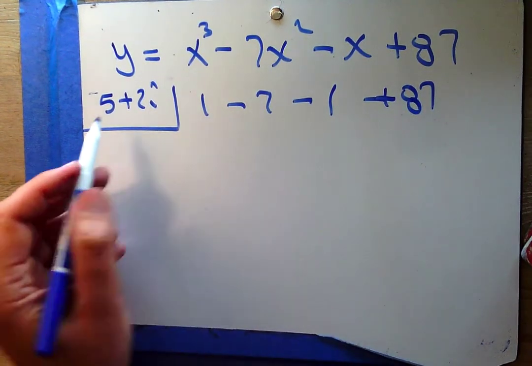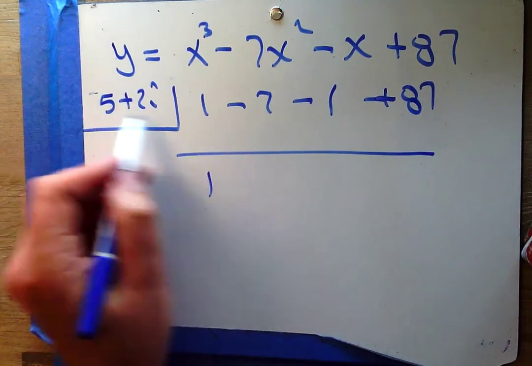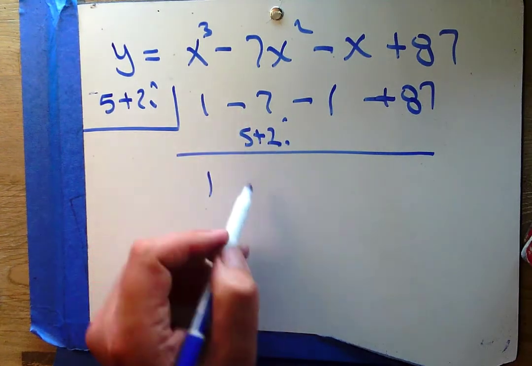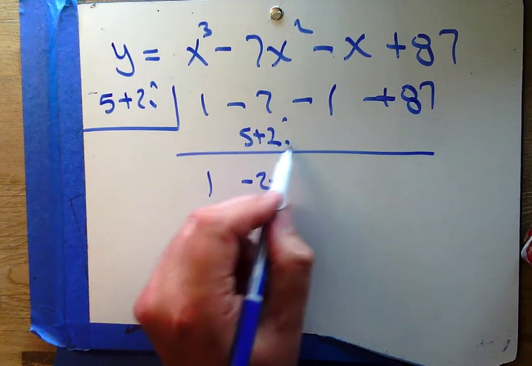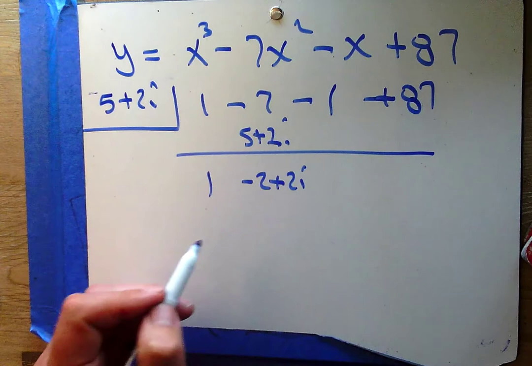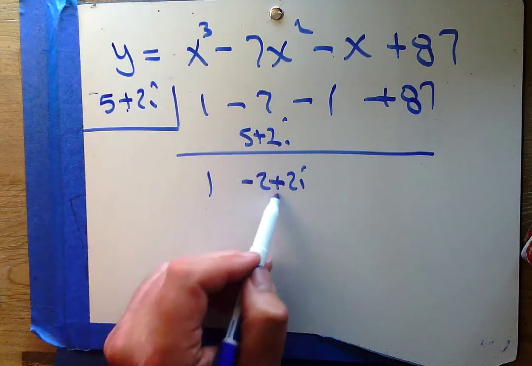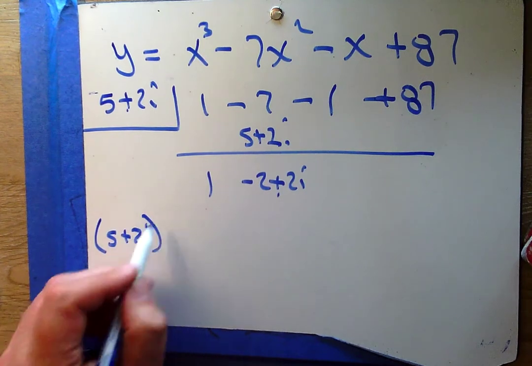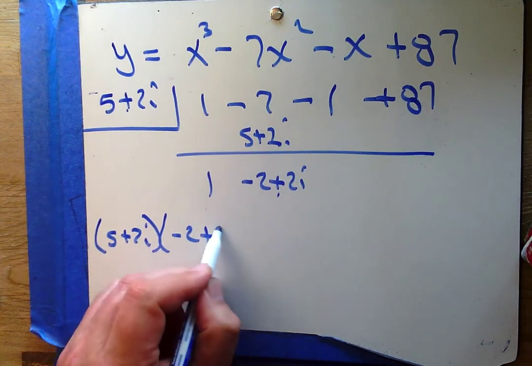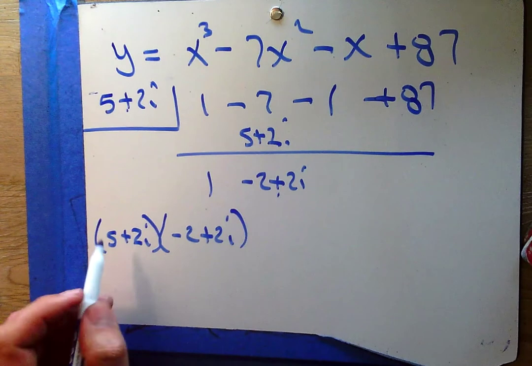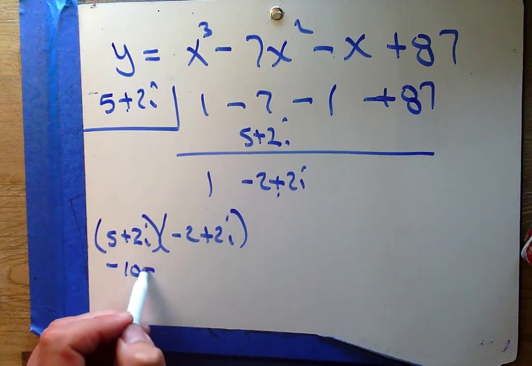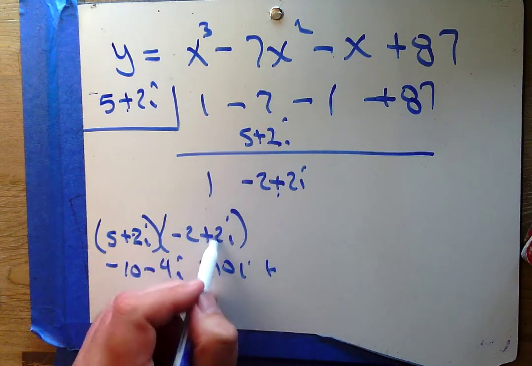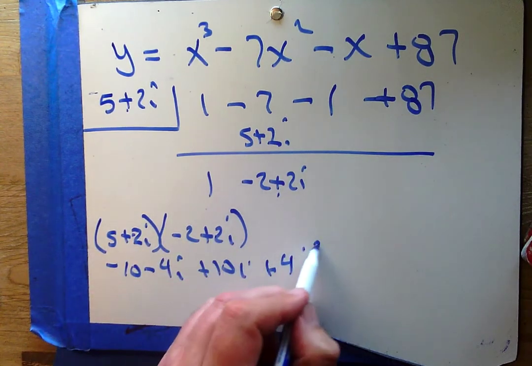Okay, so bring down the 1, multiply, 5 plus 2i. So we have minus 7 plus 5 is minus 2. Nothing happened to that plus 2i, so it better be there. And now I have to multiply this stuff times this stuff. And that sounds a lot like foiling to me. Okay, so I FOIL, I get negative 10, negative 4i, plus 10i, plus 4, I times I squared.